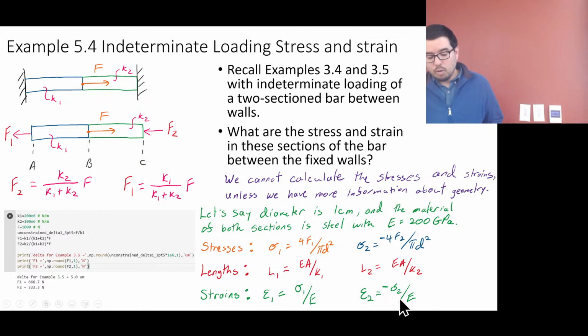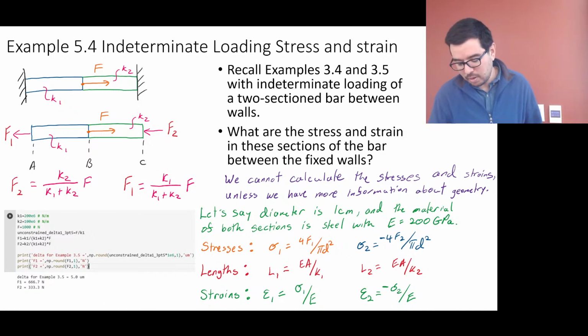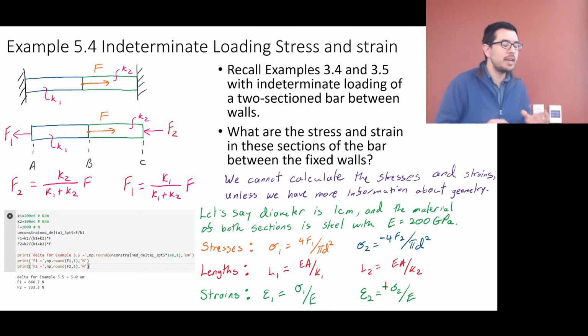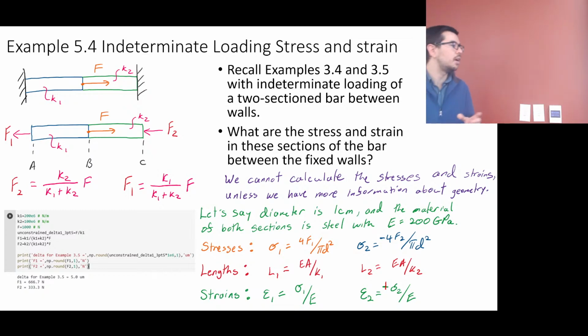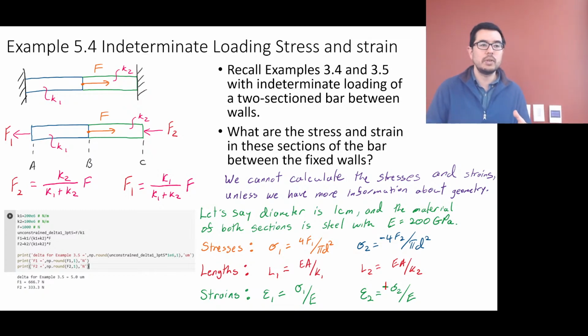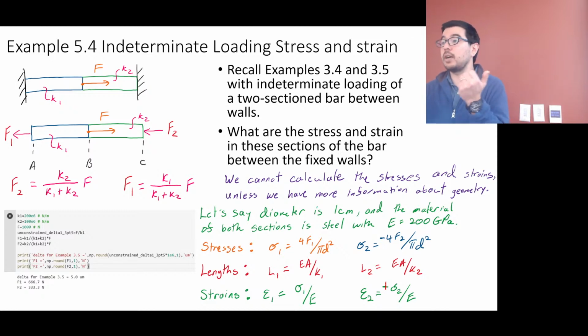This is a little bit tricky, because if sigma 2 is negative, that means the strain is going to end up being negative automatically. Sometimes when you do these problems, you wonder whether it's going to be negative or positive, and sometimes it depends on which way you're defining the arrows. So that's how we go about solving those.